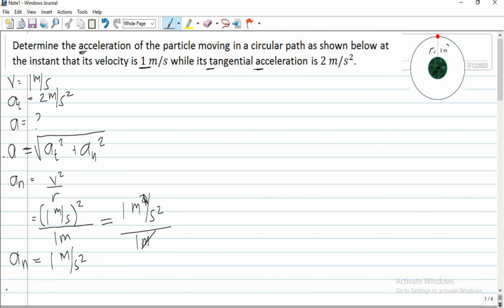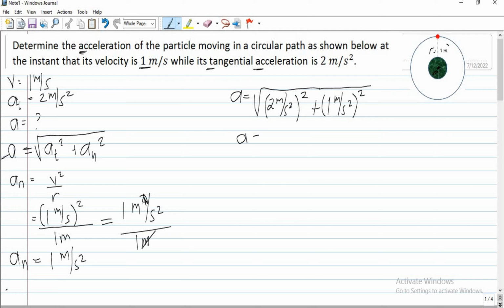Again, ang tinatanong dito sa problem na to is the acceleration. So, to finally solve for the requirement, that is equal to the square root of my at is 2 meter per second squared. Again, that is squared, plus 1 meter per second squared, that is squared.